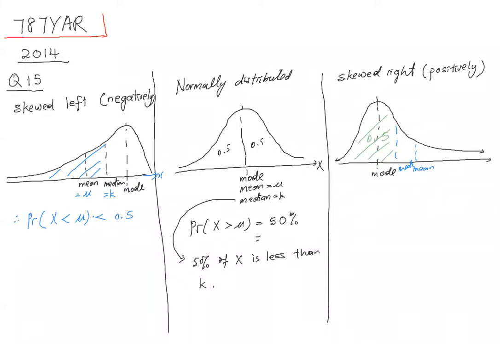So for this case, the probability of X less than the mean will be greater than 0.5 or less than 0.5?